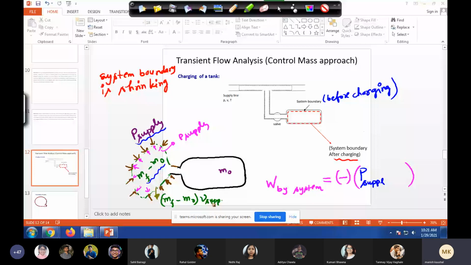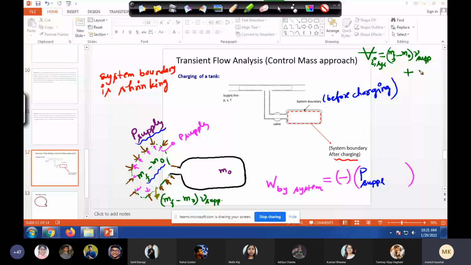So this much volume is there. If I write V initial of the control mass of my system, V initial system, then you will write this MF minus M naught, V supply, plus tank volume. I'm just trying to convince you. You agree?